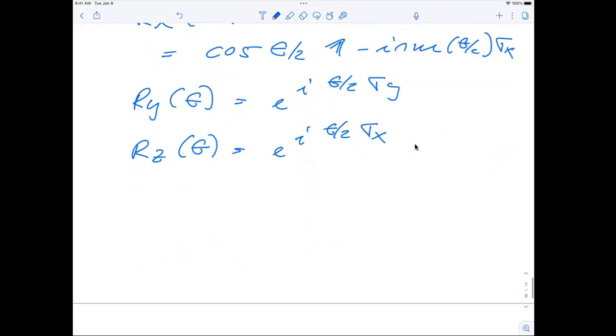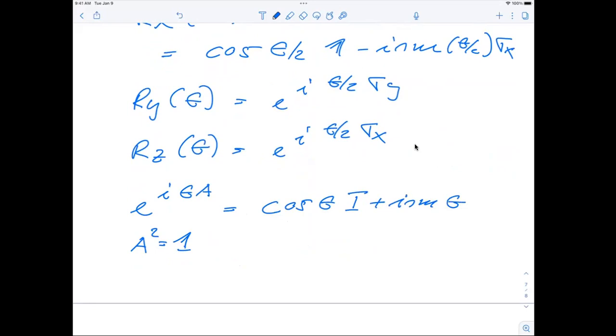It's easy to see that if you take e to the i theta and multiply it with a matrix A, and this matrix has the property that A squared is equal to the identity matrix, this is an important property, you can rewrite this as cosine theta multiplied with I plus i sine theta multiplied with A.